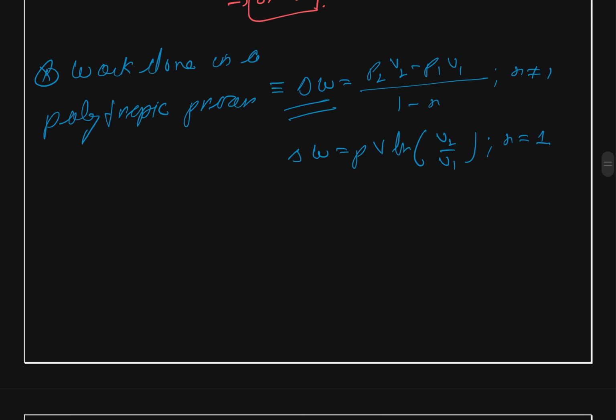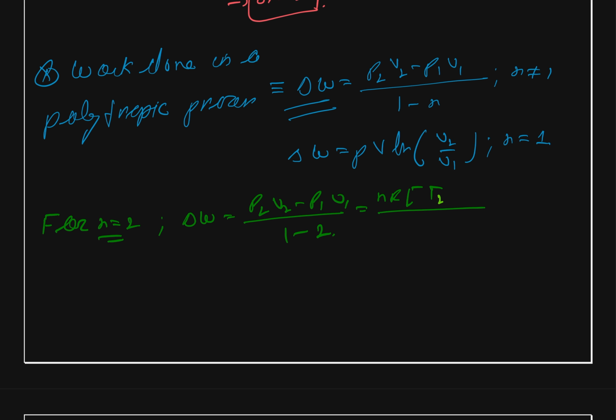We can say for x equal to 2, we get delta W is equal to P2 V2 minus P1 V1 upon 1 minus 2. And using the ideal gas equation, we can take nR as common.